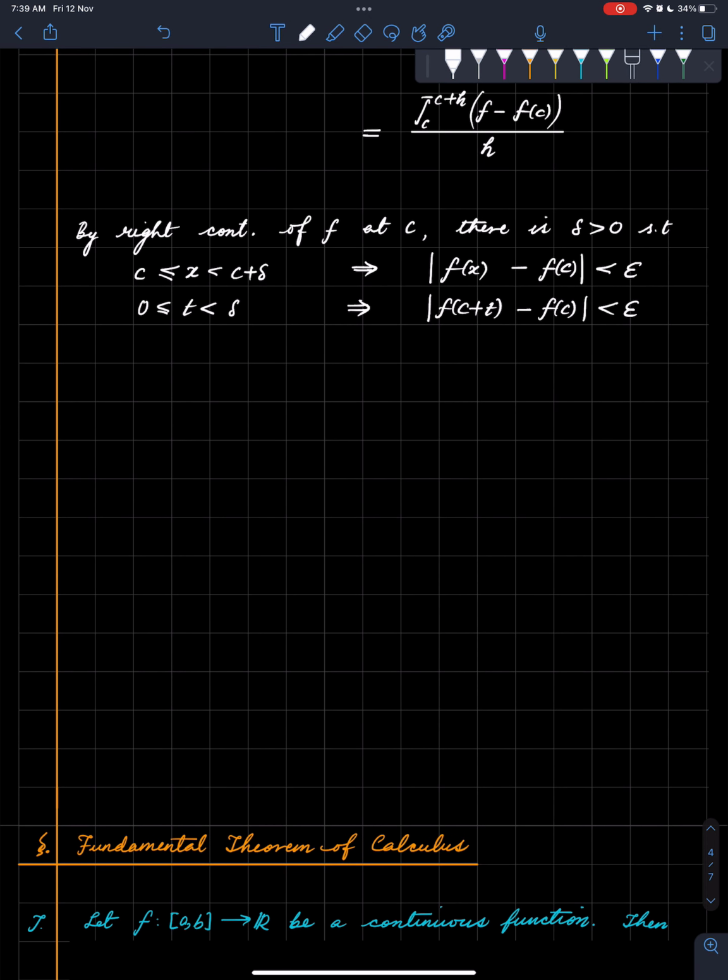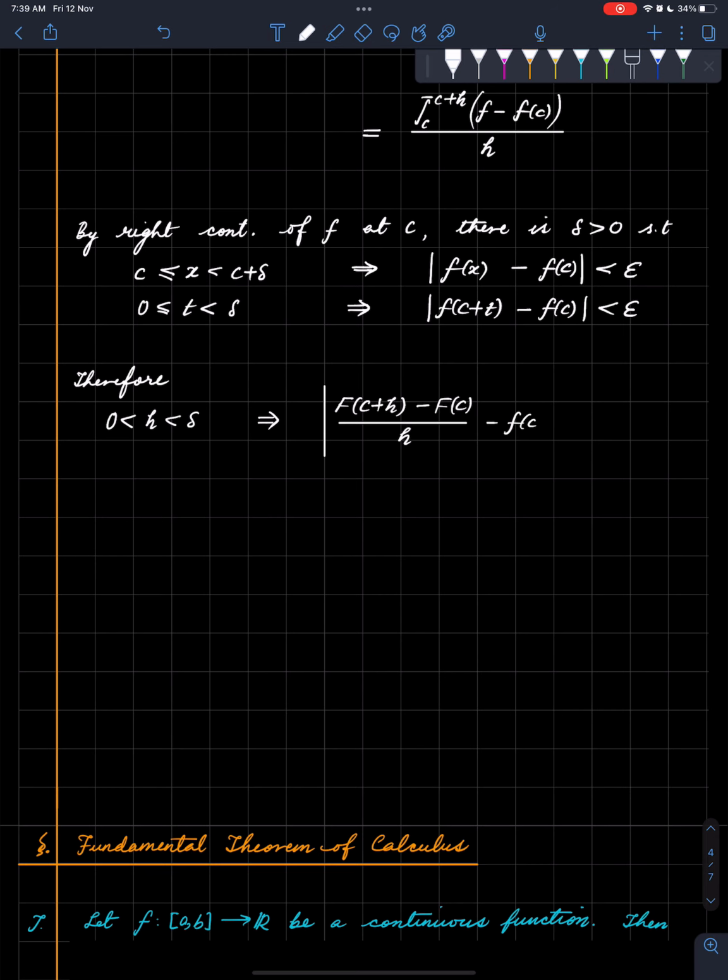Yeah, so we are interested in estimating that. Therefore, if 0 is less than h is less than delta, we have the absolute value of f of c plus h minus f of c.